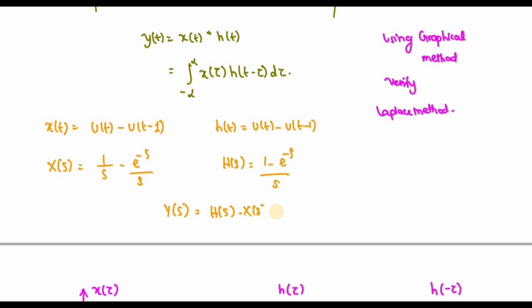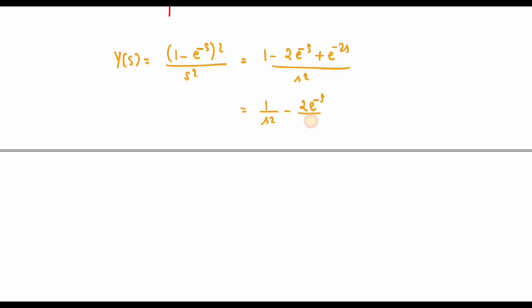So if I multiply these two, I will get 1 minus e power minus s the whole square by s square, right? So how to write this one? 1 minus 2 e power minus s plus e power minus 2s divided by s square. So I can write it as 1 by s square minus 2 into e power minus s divided by s square plus e power minus 2s divided by s square.